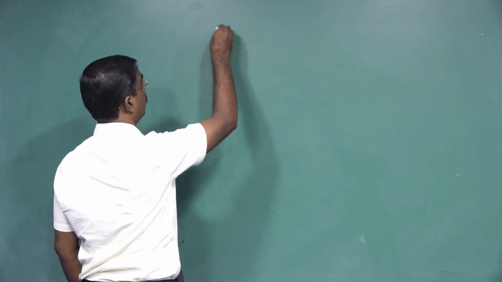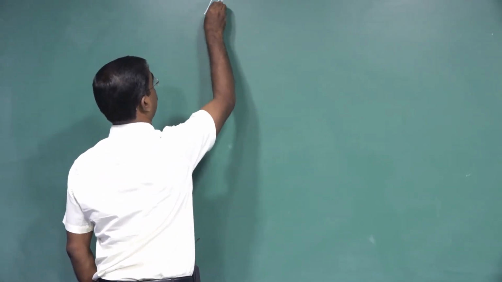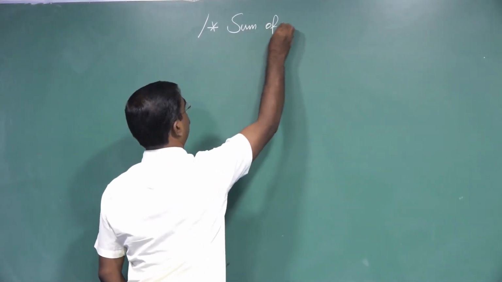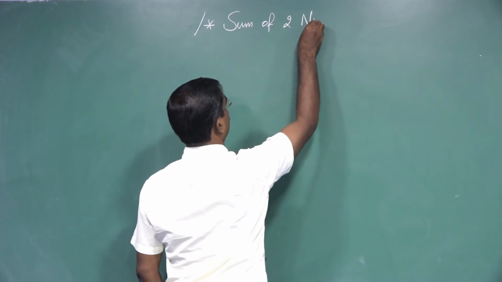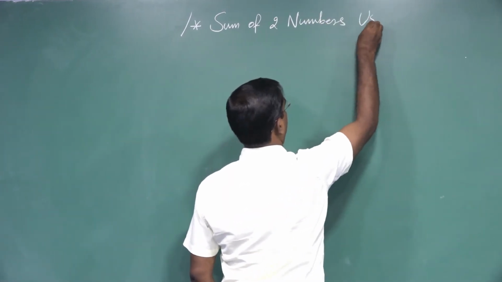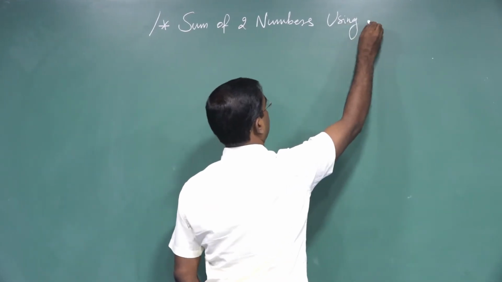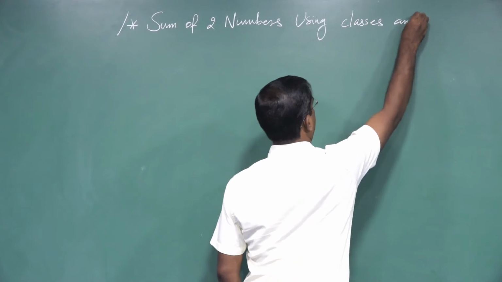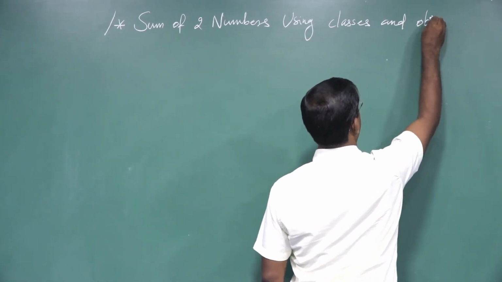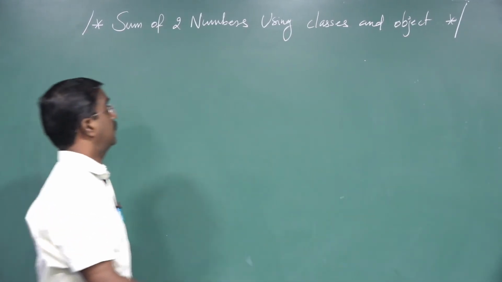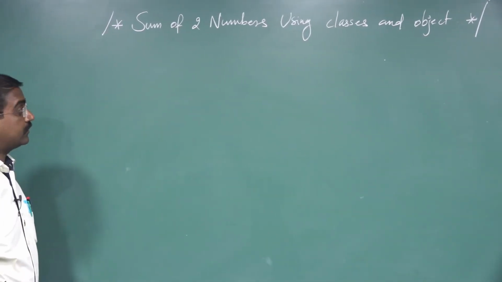The question is: sum of two numbers using classes and objects.